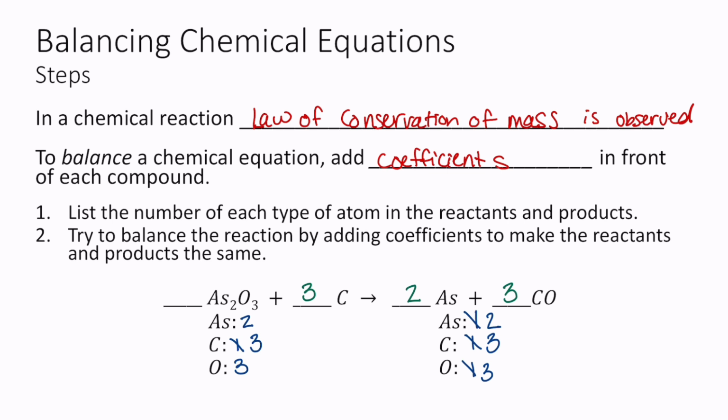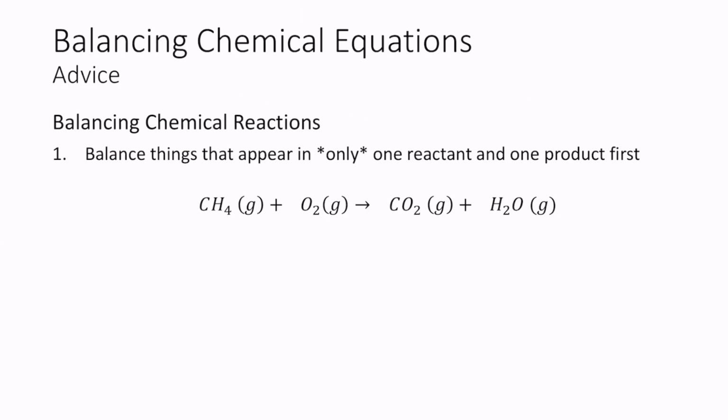Now, when you are balancing these chemical reactions, you really want to have a strategy. So, the first strategy I'm going to talk about is you want to balance the things that appear as only one reactant or one product first.